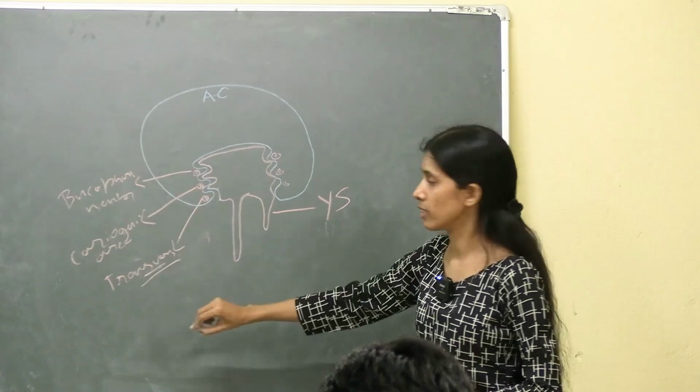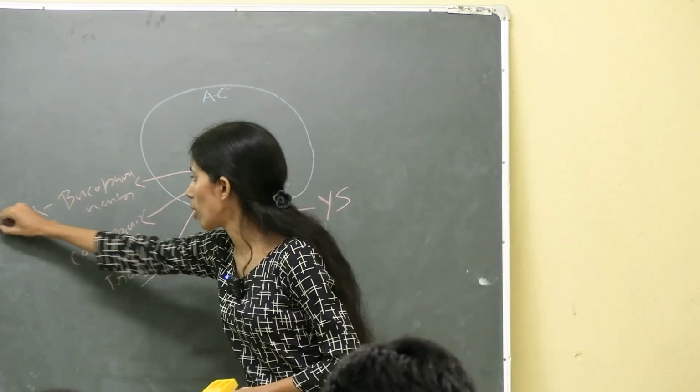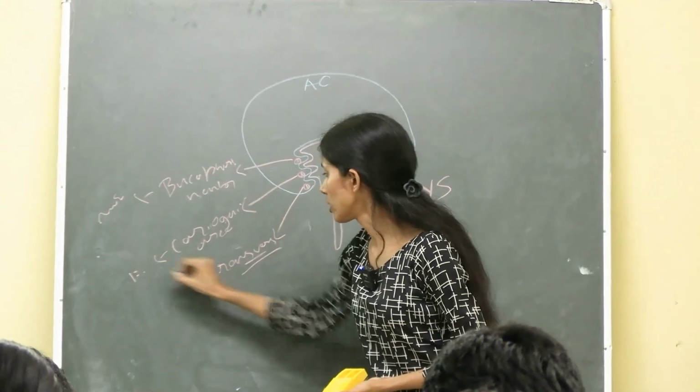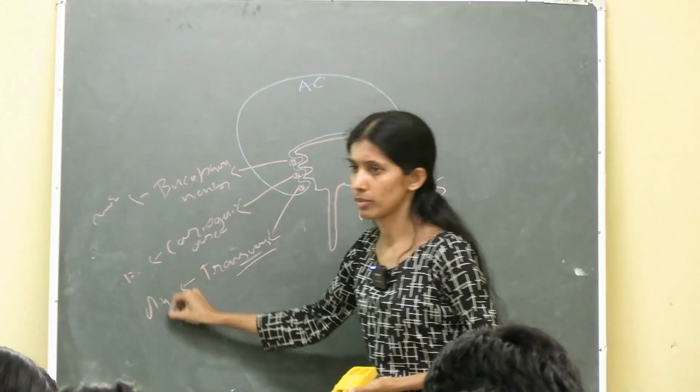So now you can see the order. From this your mouth and pharynx region is developing, then we have heart, then we have diaphragm.